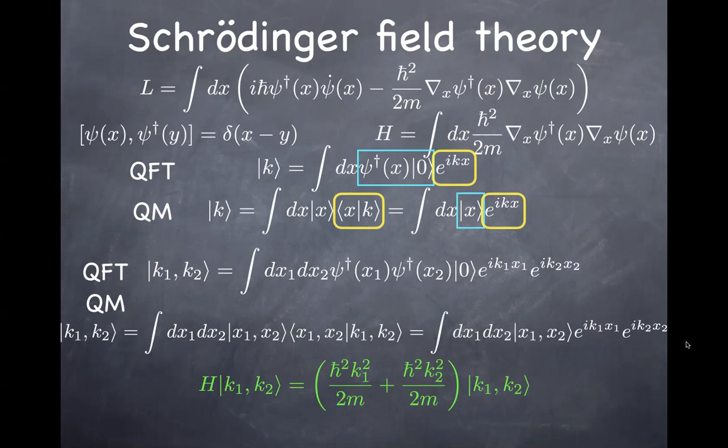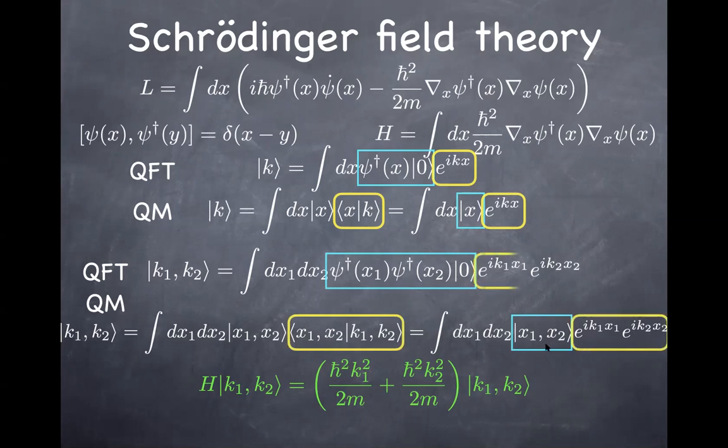So this is what you do in quantum mechanics. Once again, you see this one-to-one correspondence between the position eigenstate you created in quantum field theory and the position eigenstate you define in quantum mechanics. And both of them are weighted by this wave function, e to the ik1 x1 times e to the ik2 x2.